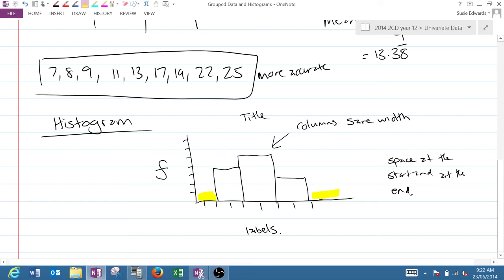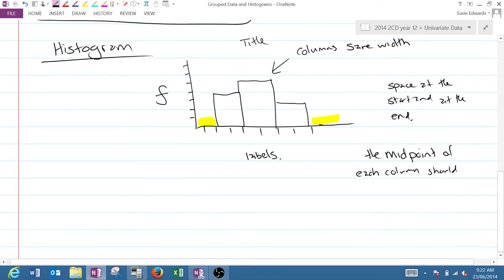The midpoint of each column should be in the middle.